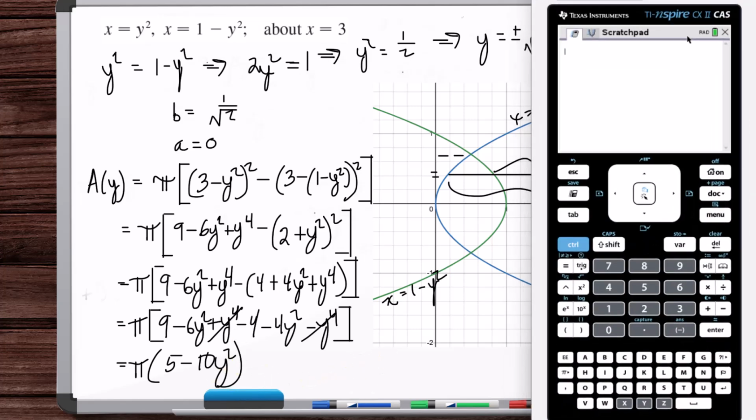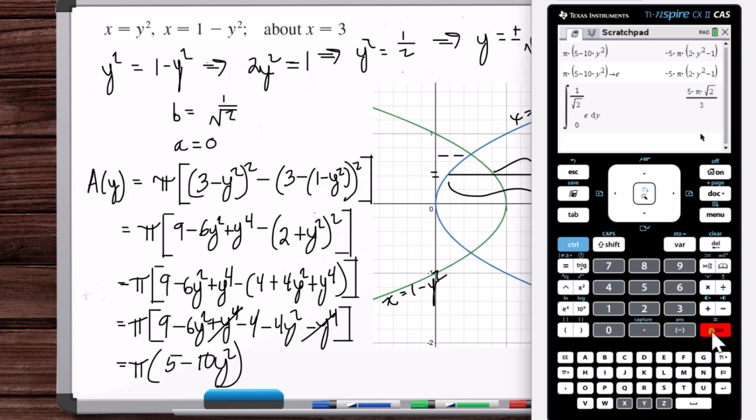Now we can use our calculator here. We've got pi times 5 minus 10 times y squared. Let's store this. Now we want to integrate from 0 to 1 over root 2 with respect to y.